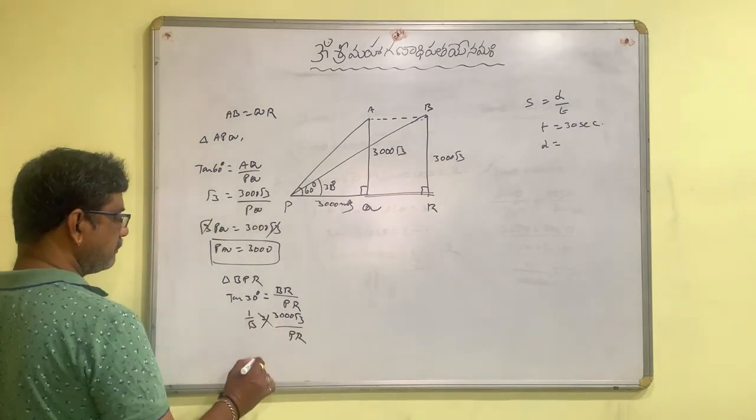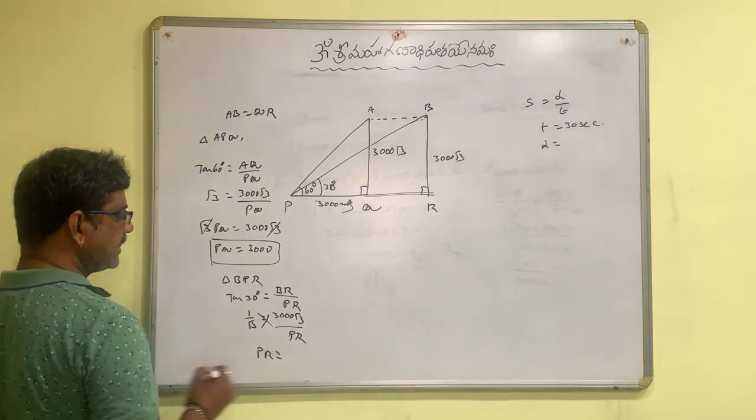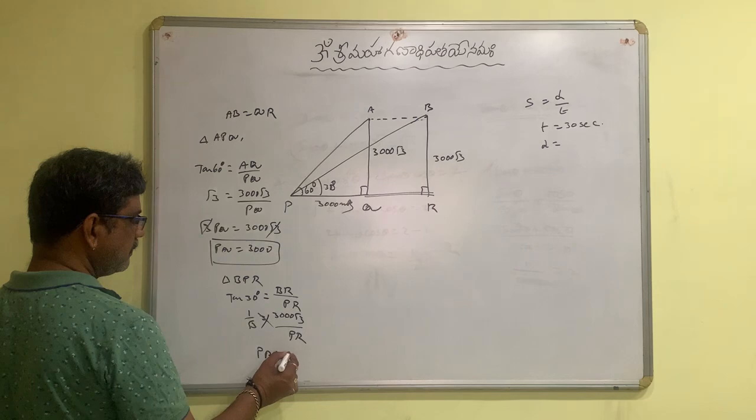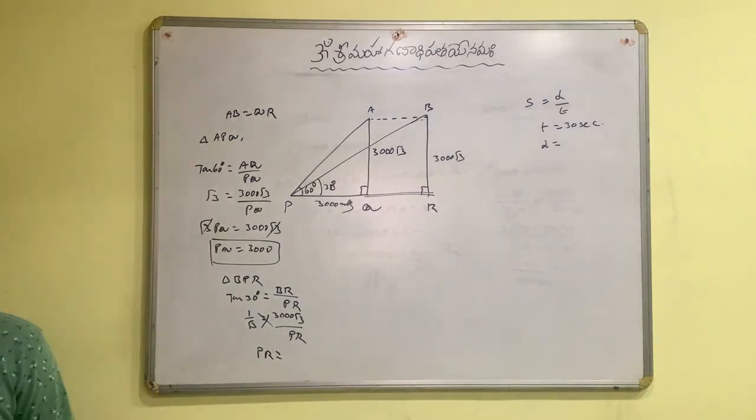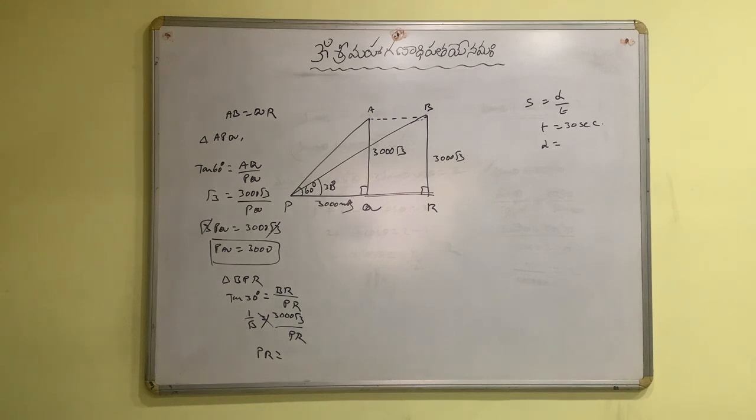If we cross multiply and simplify, we will get PR. How much will we get for PR?